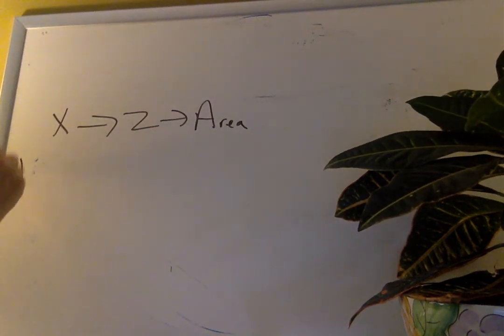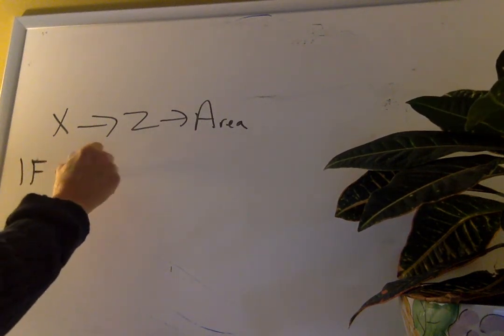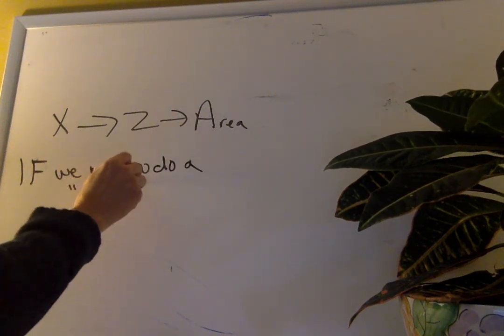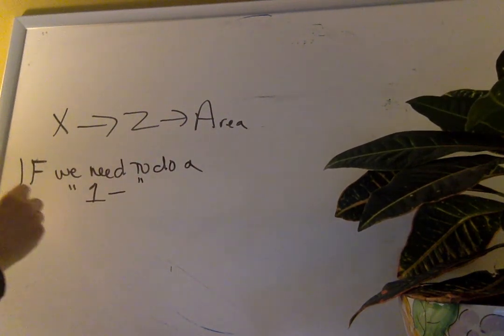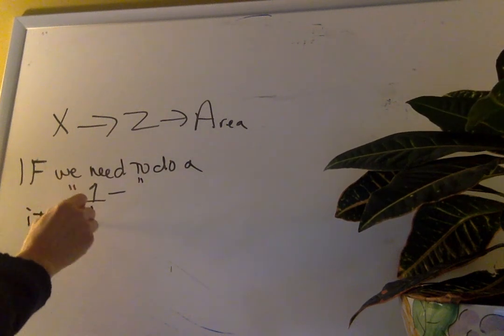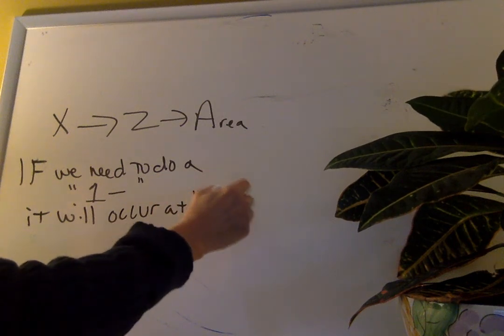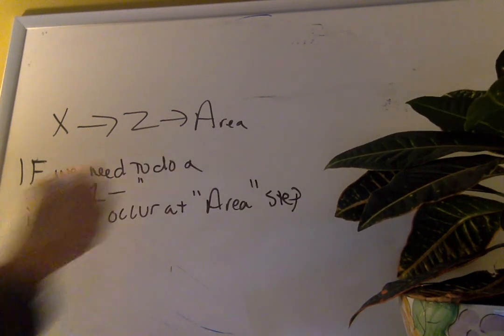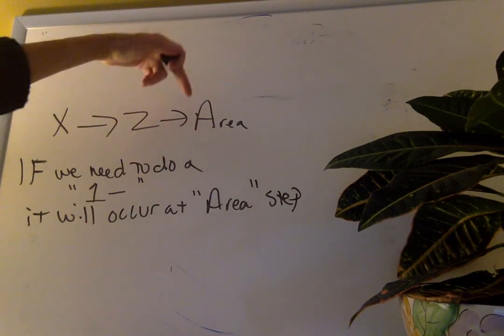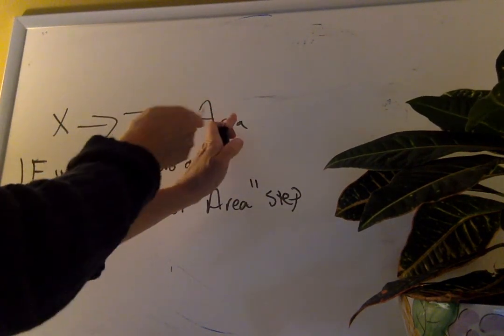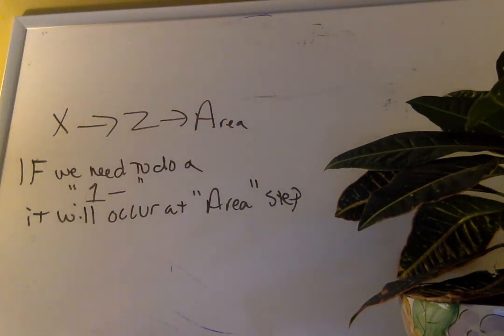So, because we don't always have to subtract from 1, if we need to do what I call a 1 minus problem, it will always occur at the A step, the area step. Now think about it. When you're going forwards, that means it's going to occur at the last step. If you're going backwards, that means it's going to occur at the first step.